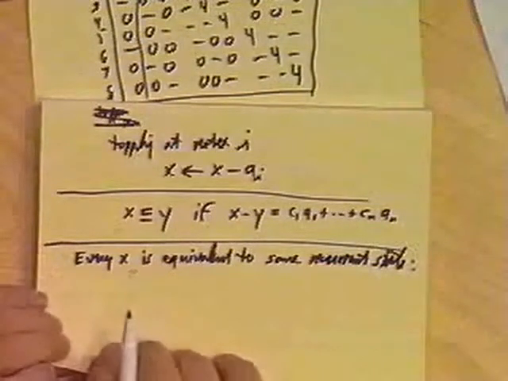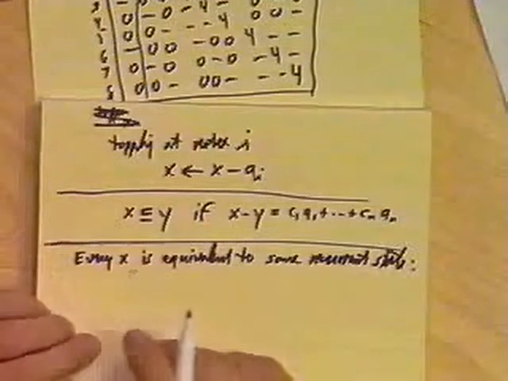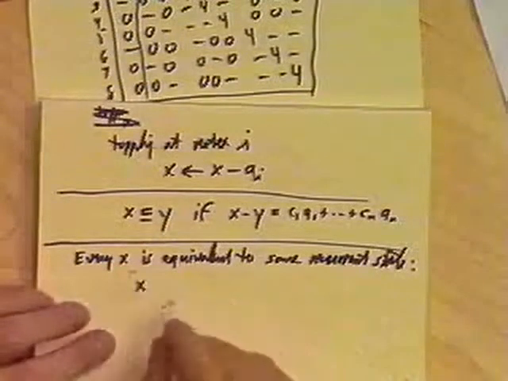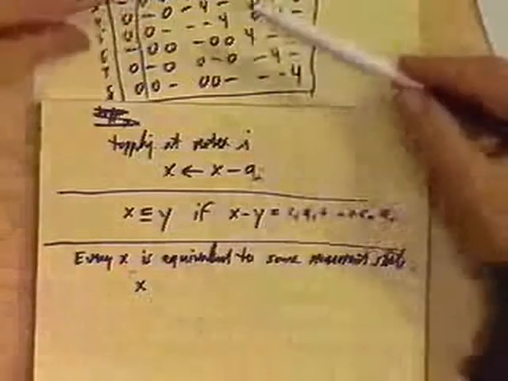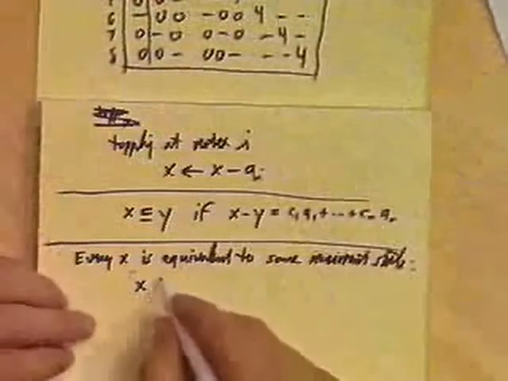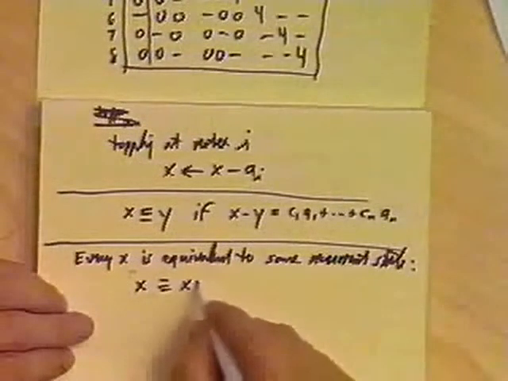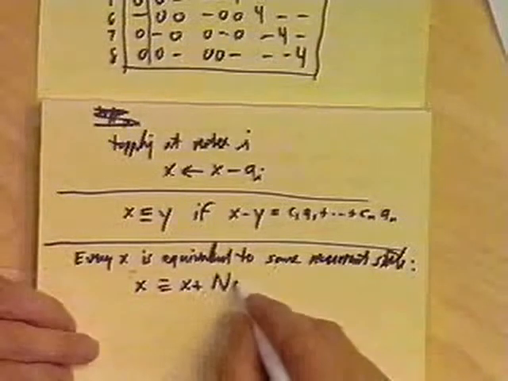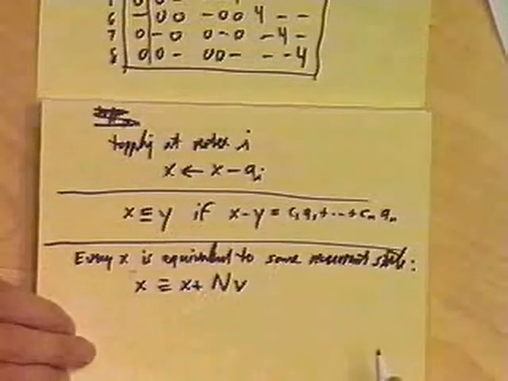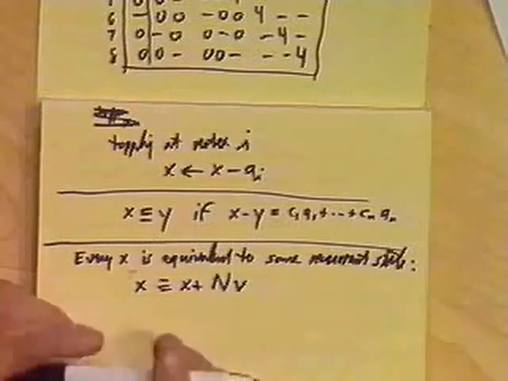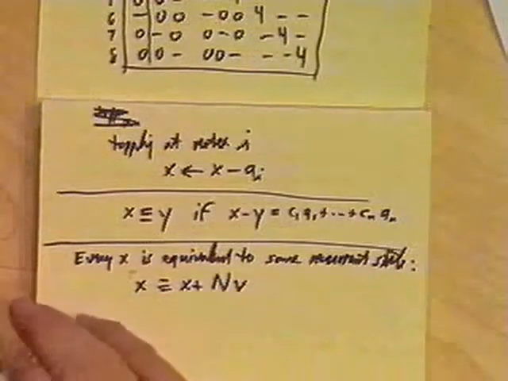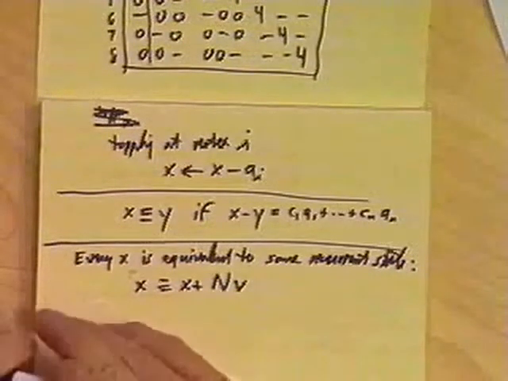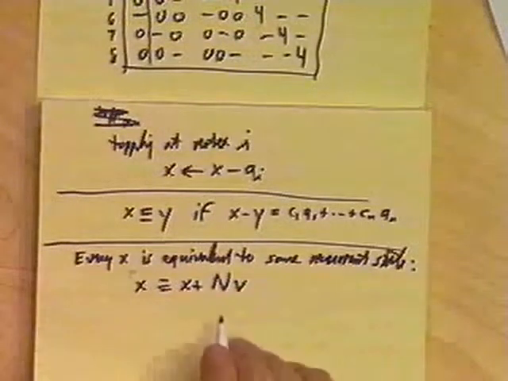All right. Well, the idea is that because I can triangularize this matrix, it's going to turn out that x is equivalent to x plus n times b for some vector, because n is the determinant of the matrix.